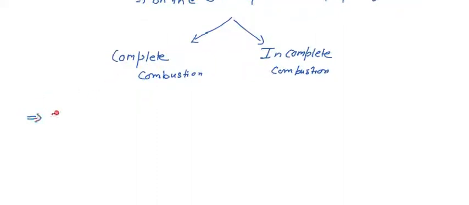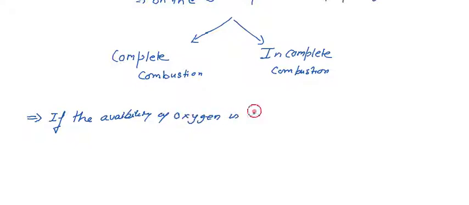If we consider that the availability of oxygen is sufficient for the amount required by any kind of fuel to be burned, so if the availability of oxygen is sufficient for the amount of fuel required to be burned, this type of reaction is considered a complete combustion.